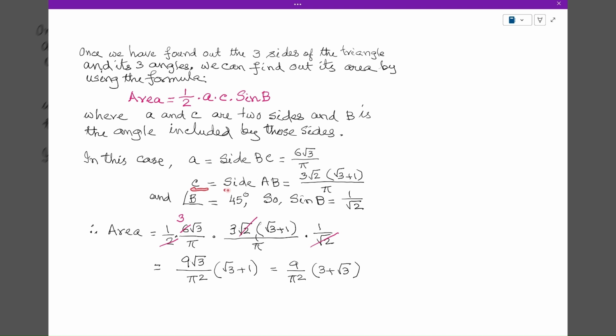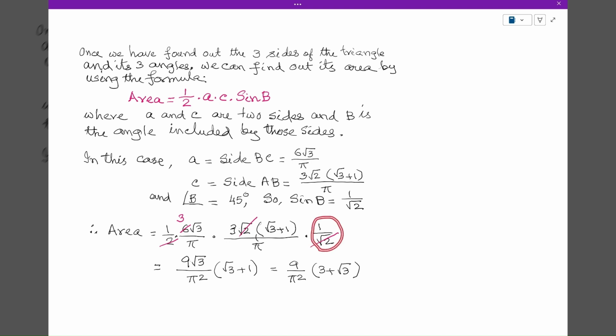C is equal to side AB, which is 3 root 2 multiplied by root 3 plus 1 divided by pi, and B is equal to 45 degree. So sine B is equal to sine 45 degree, which is 1 by root 2. Therefore, area is equal to half multiplied by A, which is this, multiplied by C, which is this, multiplied by sine B, which is this.